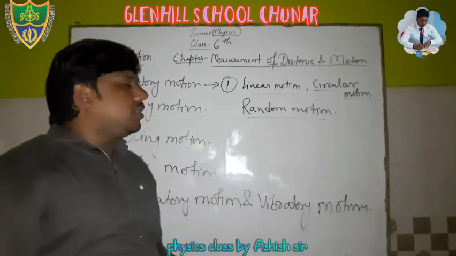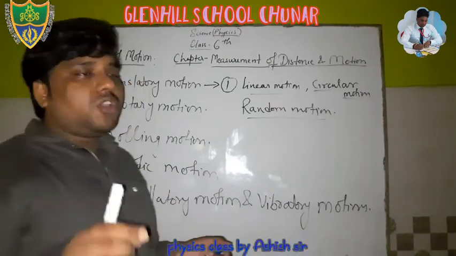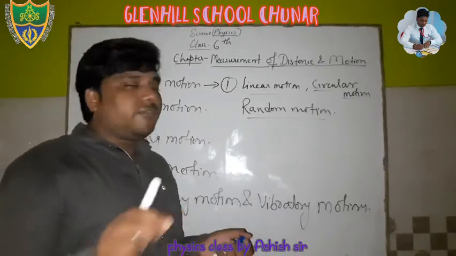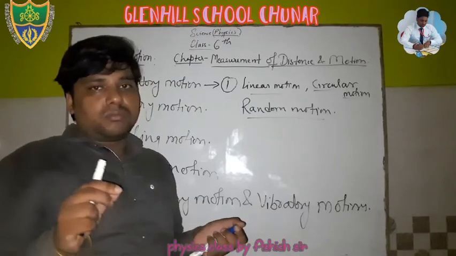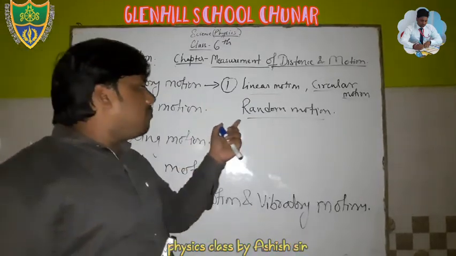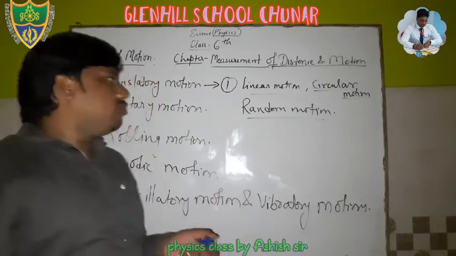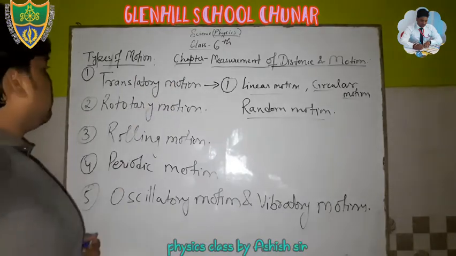And third one is random motion: when the direction of the object is not fixed in a specific direction and it tends to move in every direction, that type of motion is known as random motion. These are the types of translatory motion.